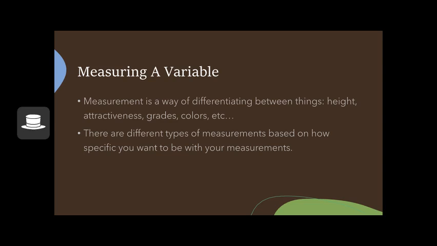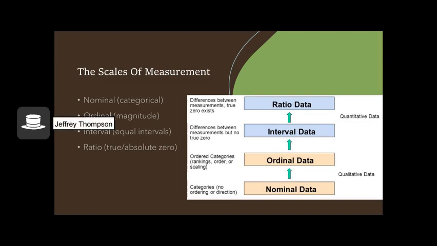So there are different types of measurement based on how specific you want to be with your measurements. So we have four what are called scales of measurement, right? The further down you go on this scale, the more complicated the data becomes, right? Or in this case, the further up you go.